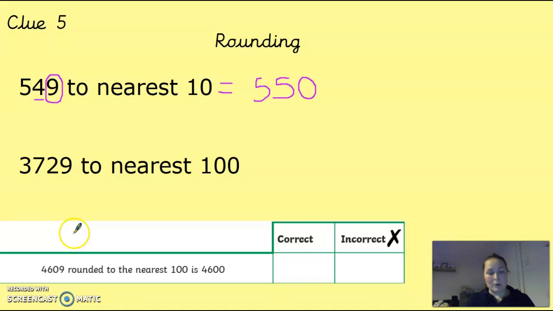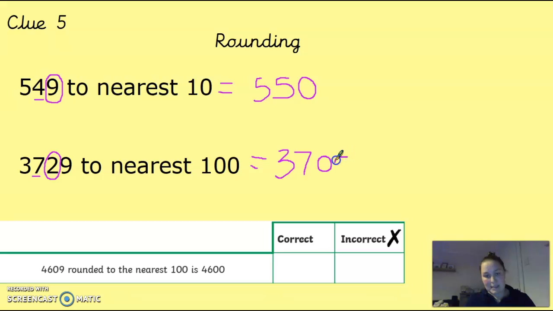Okay, one more example. I want to go to the nearest 100 now, so I find my number. I find the hundreds number, which is 7. I look next door. If it's 5 or more, I raise my number. If it's 4 or less, my number rests. So it's less than 4, so 2. So that number stays the same. So 3,729 to the nearest 100 is 3,700.